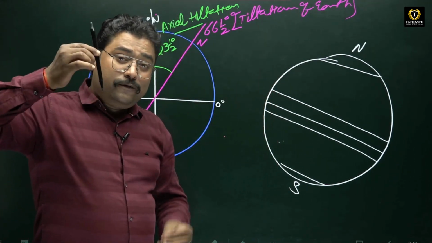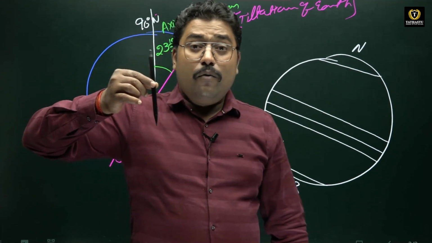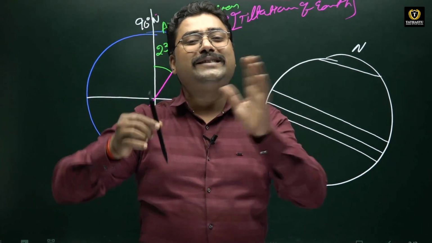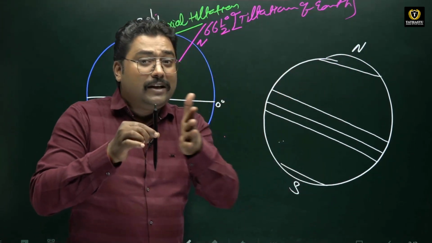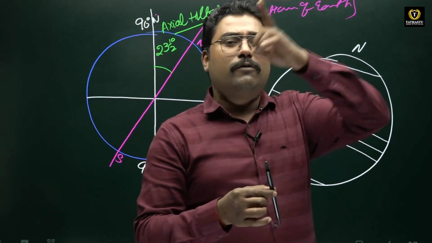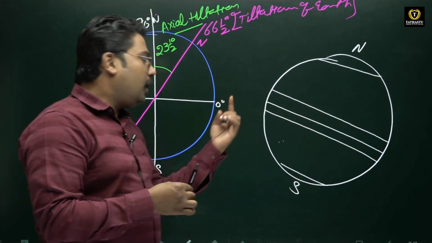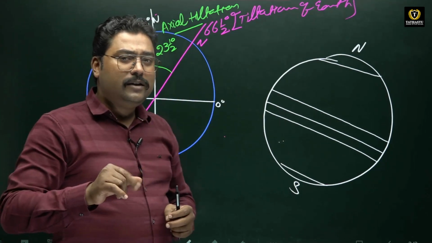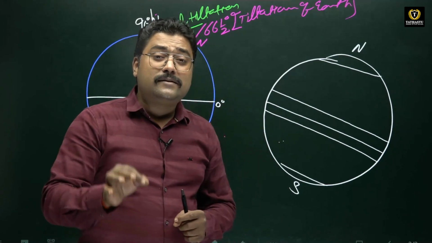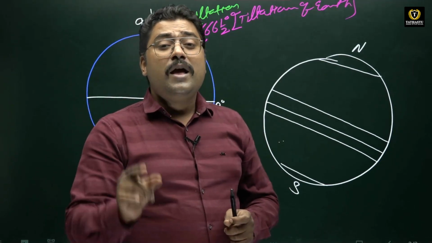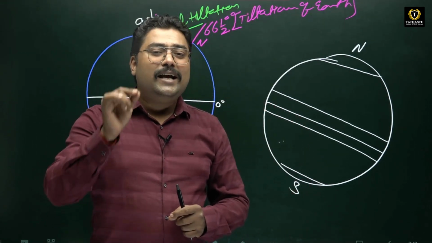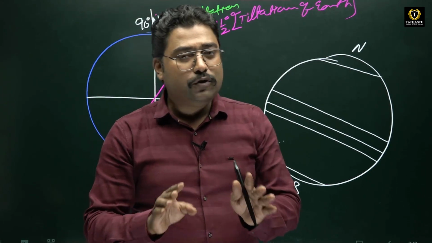Because if the Earth were straight in nature, the whole part from north to south would receive equal sun rays, and when they receive equal sun rays, there will be equal day and equal night, and just like the equator, there will be only one season, that is summer. So the correct answer will be the season on Earth changes due to revolution of Earth around the Sun on its tilted axis. Clear to you all?